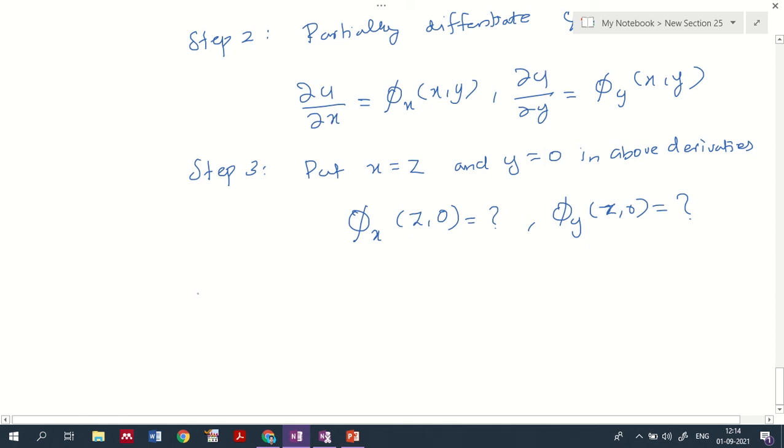And step number 4, in order to construct the analytic function, is that we now utilize the Milne-Thomson method.